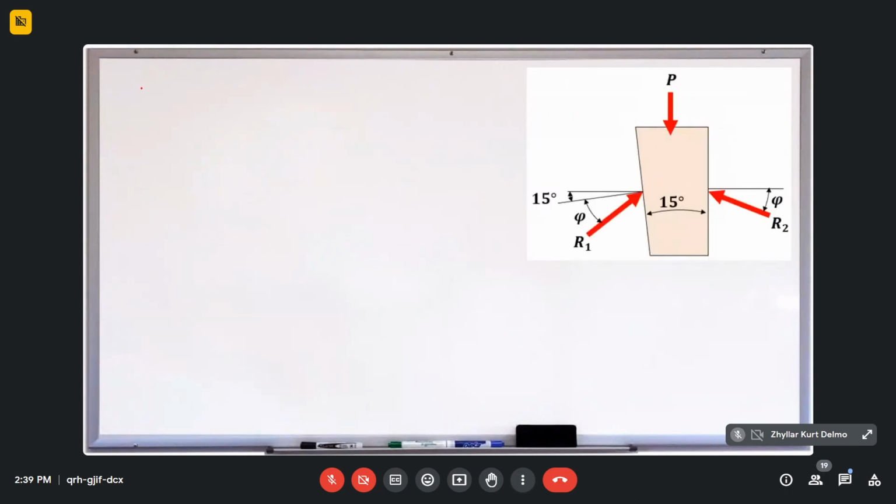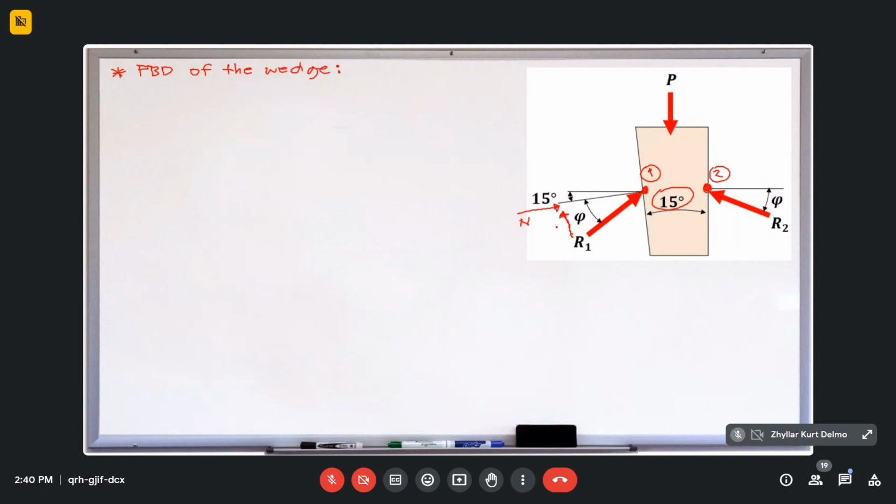Okay, let's proceed to the FBD of our wedge. It has a wedge angle of 15 degrees. That is what is called the wedge angle. These are the external forces acting on it. This is our contact surface 2, and this is our contact surface 1. At contact surface 1, we have R1 here. Take note that the normal force passes through here, and here is its frictional force, downward.